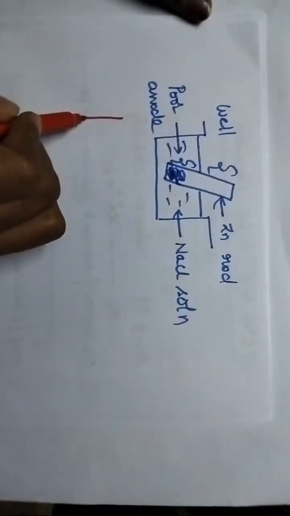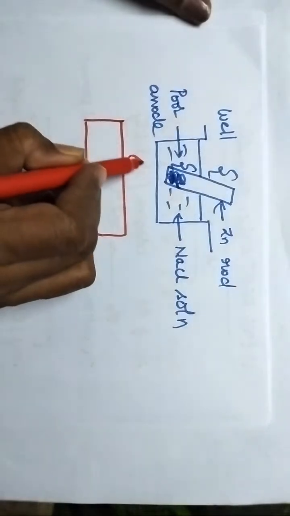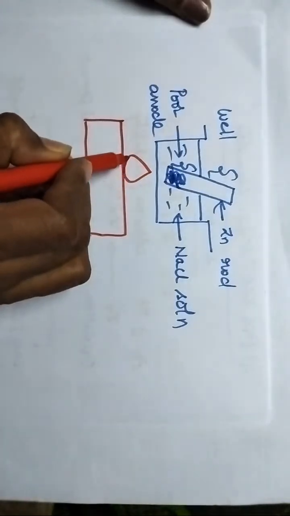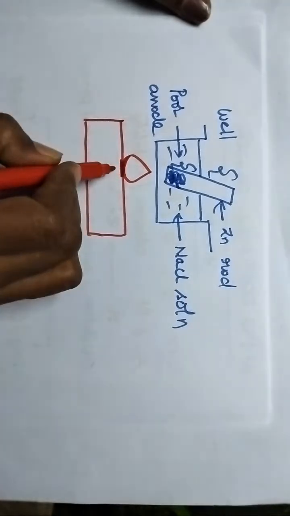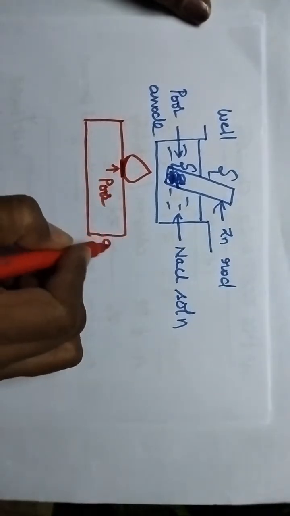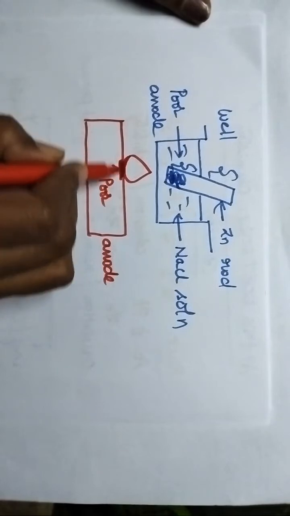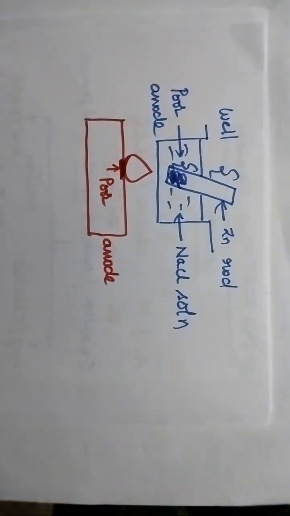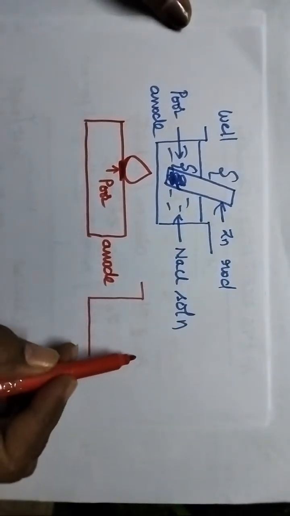Similarly, if we consider any metallic rod, whenever a drop of water or NaCl solution is placed, the portion below the drop will experience poor aeration and that will act as anode, and from that particular area corrosion takes place. We can also observe this type of differential aeration corrosion in overhead tanks.